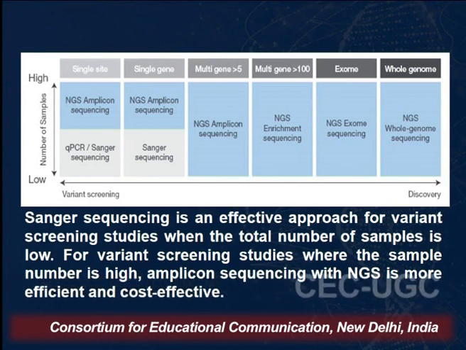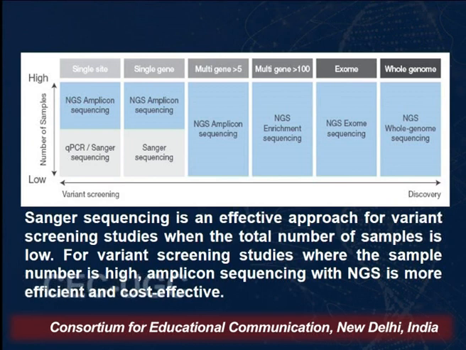Or you go in for amplicon sequencing, or further for whole genome sequencing. For whole genome sequencing, you go for the NGS platforms. Whether the sample number is low or high, there are more chances of discovery of new variants or of various parts of the whole genome.